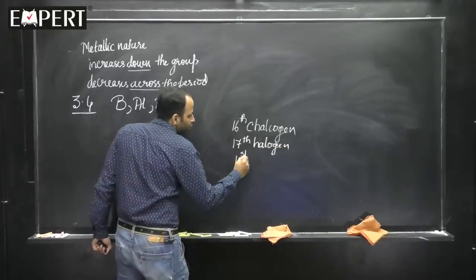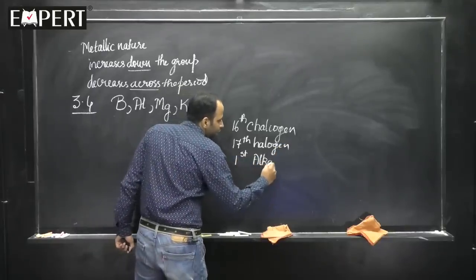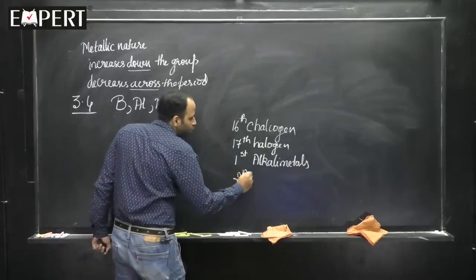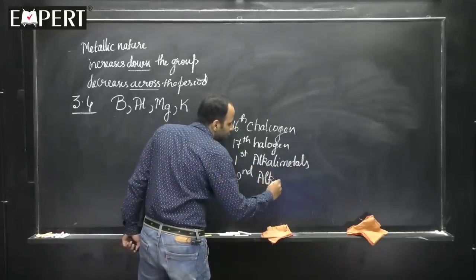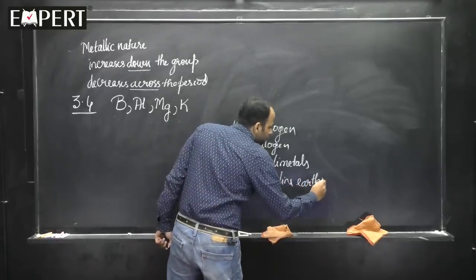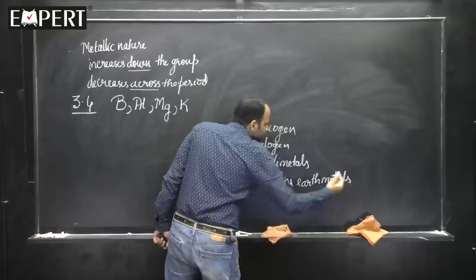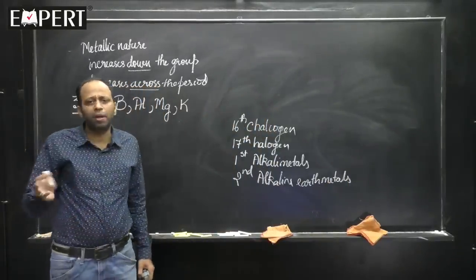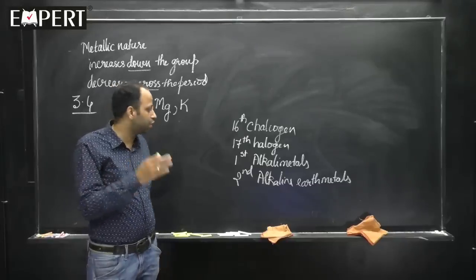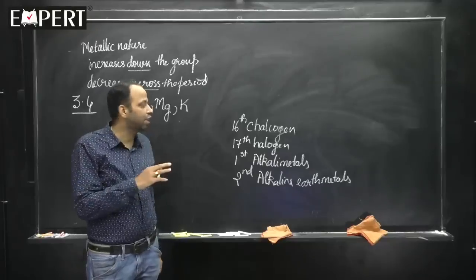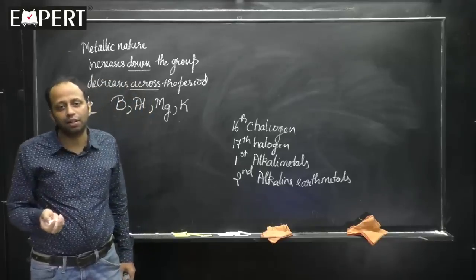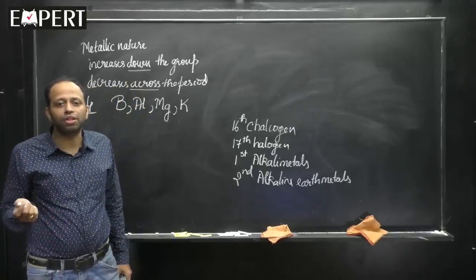If it is first group, we will call it as alkali metals, and if it is second group, we will call it as alkaline earth metals. Okay, so this is what you will have. Noble gases you already know, 18th group. So generally when I say these names, you should be able to understand which group I am talking about. So if I say chalcogen, it is 16th, 17th is halogen, first is alkali metals, second is alkaline earth metals, and 18th group is called as noble gases.